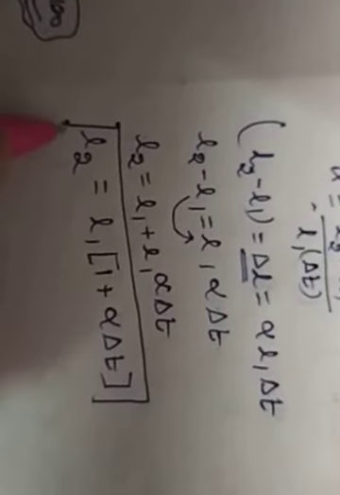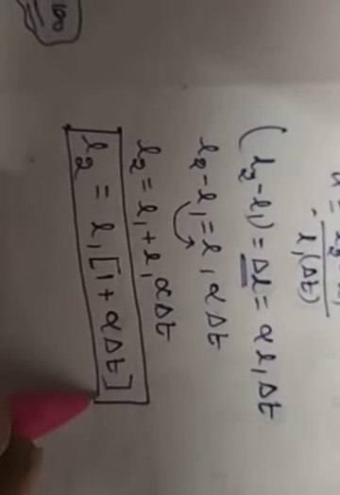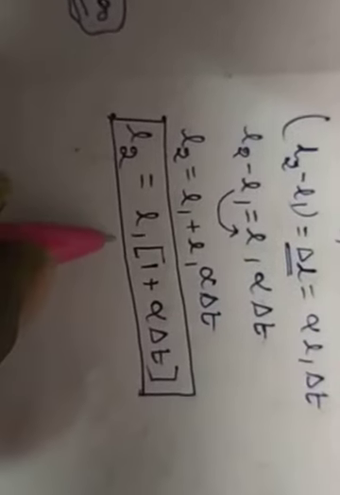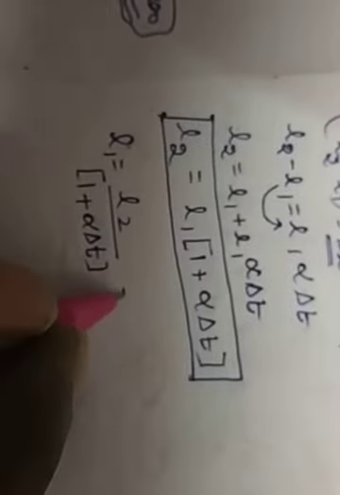This L2 is called the final length after heating. To get L1, you can write like this, taking this value to the other side.